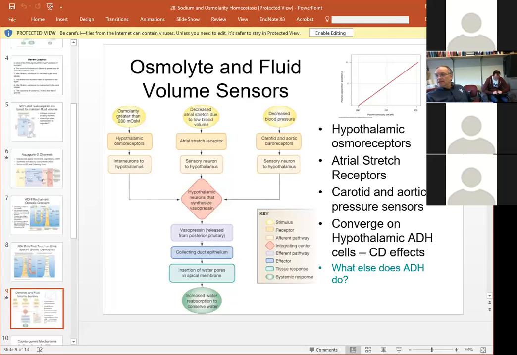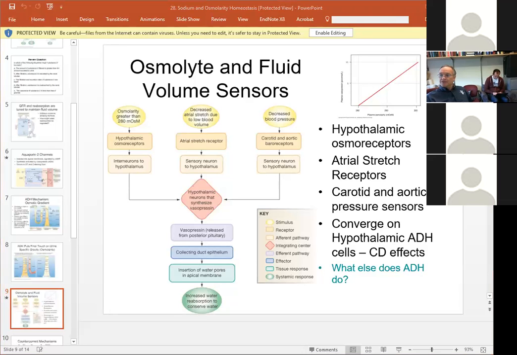How does the kidney compensate for the derangement of homeostasis? Well, by increased water reabsorption. If you have too concentrated a blood, you need more water in your bloodstream. If you have too low a blood volume, you need more water in your bloodstream. So they stop urination, with antidiuretic hormone, by insertion of aquaporin into the membrane.